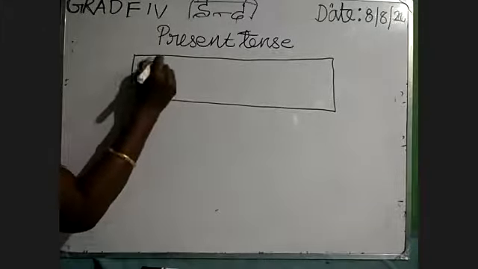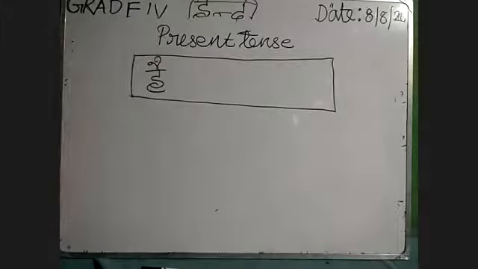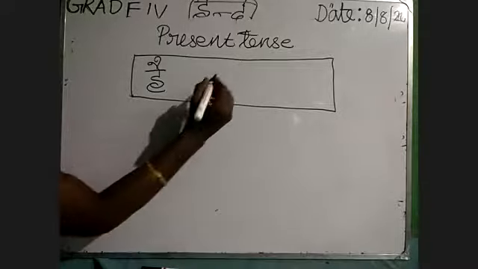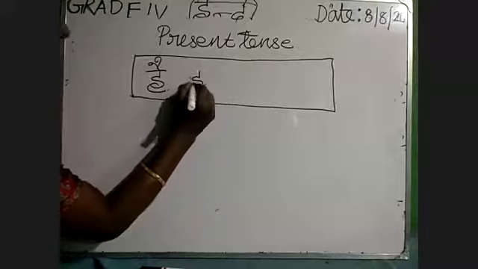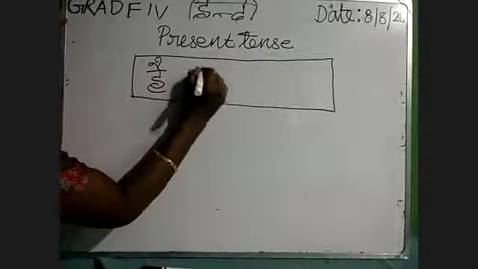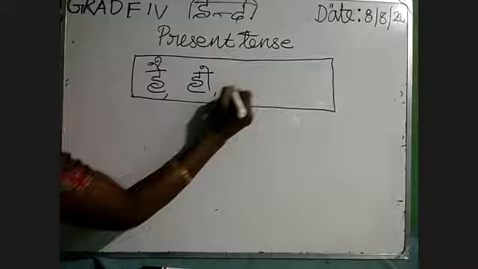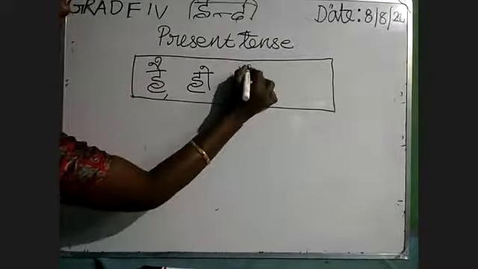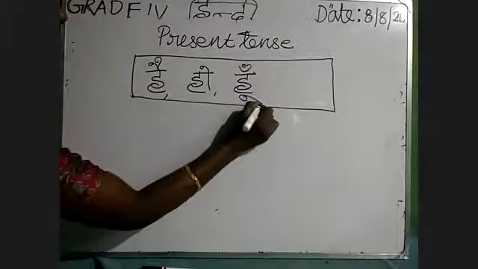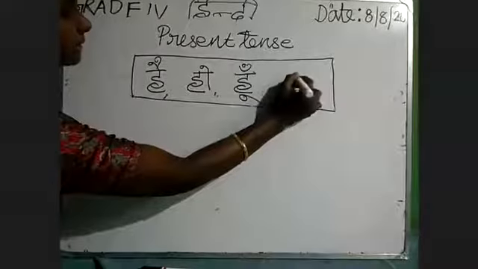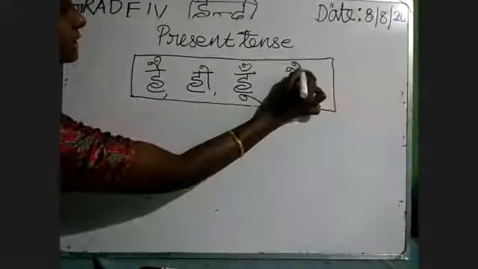Hai means is. Hoon means am. Then hain means plural.